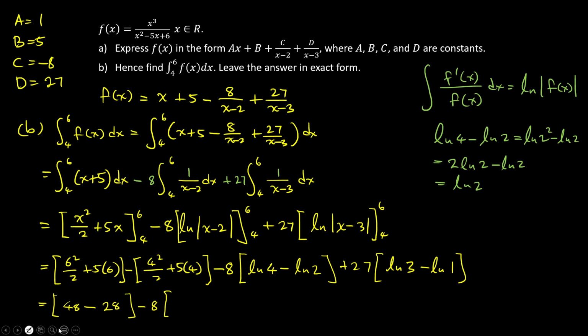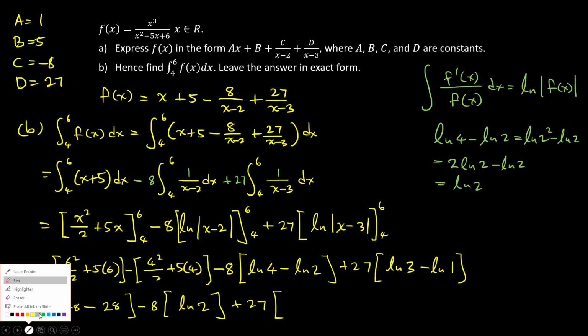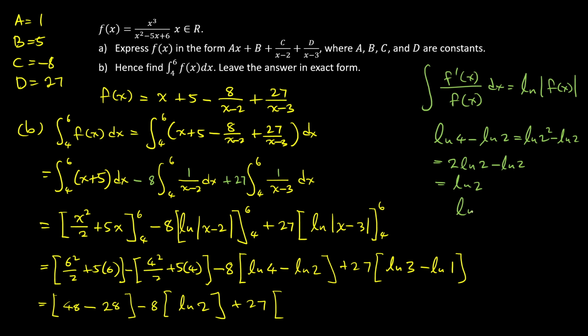So this is ln 2 plus 27. What is ln 1? Ln 1 should equal 0, because e to the power of 0 is equal to 1.